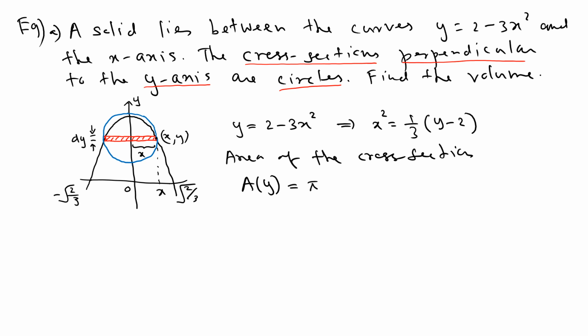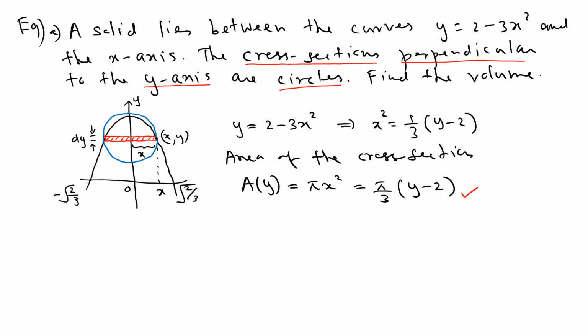It is pi x squared, since the radius is x, but we already know what x squared is, so we plug in. It is pi times one third of 2 minus y. Everything looks great because it's a function of y now.